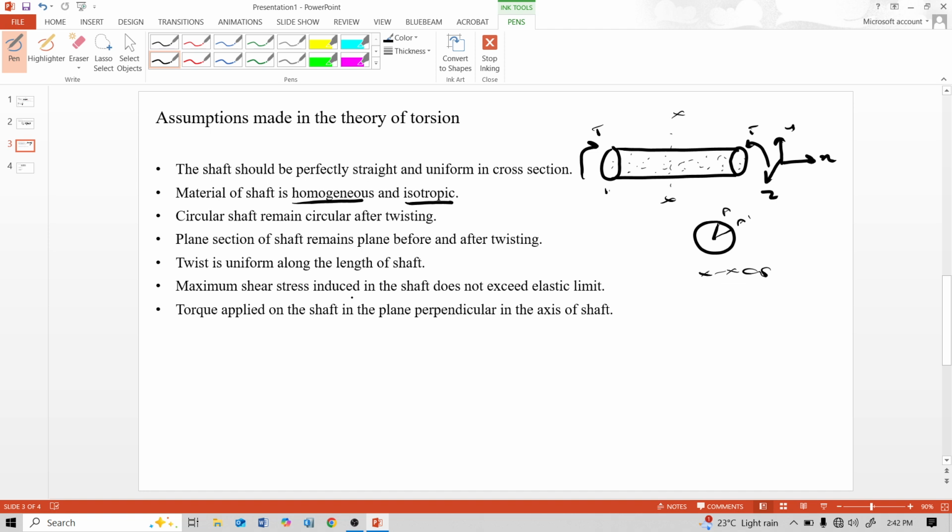Maximum shear stress induced in the shaft does not exceed the elastic limit. See, this assumption is important. Maximum shear stress is within the elastic limit. So when we remove this maximum shear stress, the material comes back to its original position.